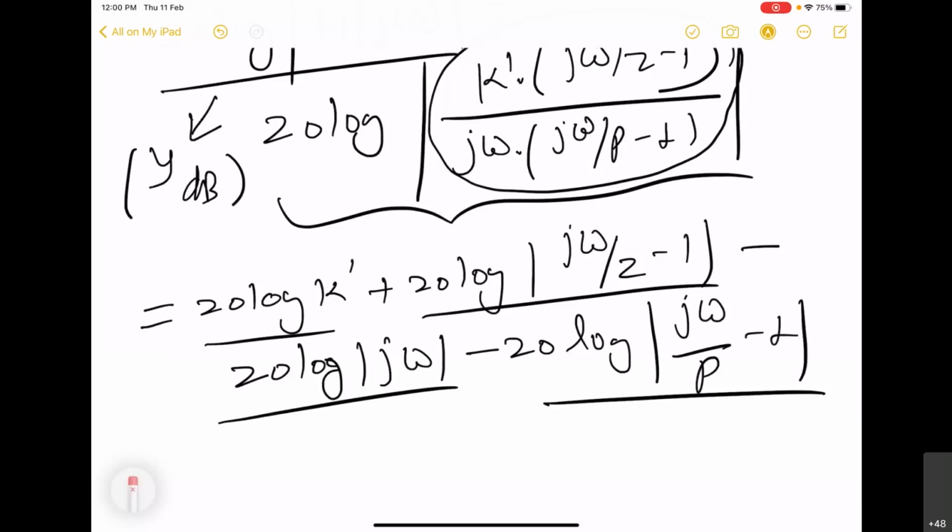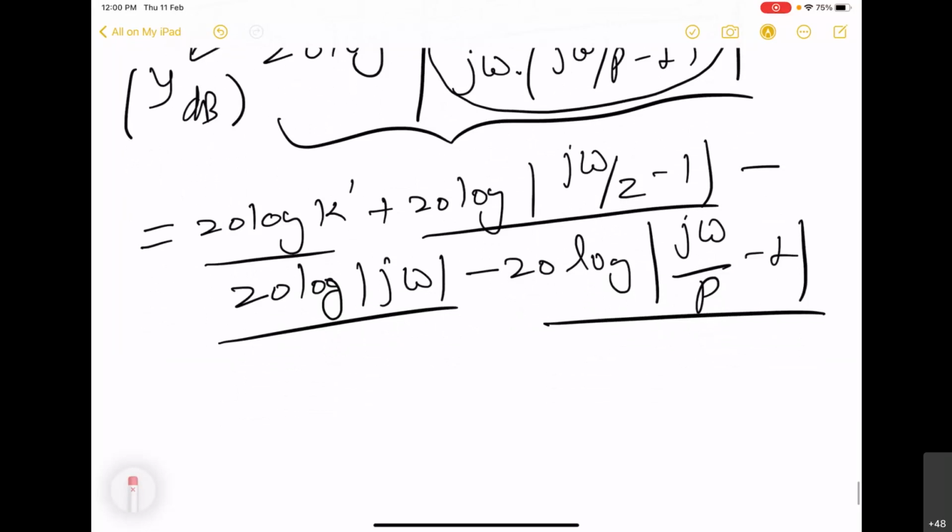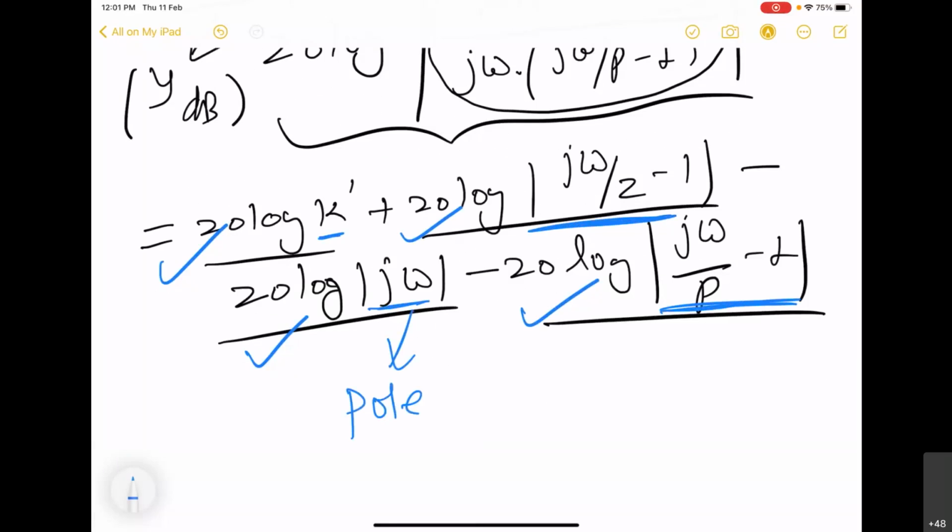Now we will see in the next class how to get the individual plots for these four terms: this term, this term, this term, and this term. If we know the plot for a constant term, for a generalized zero term and a generalized pole term, and this is also especially a pole term, but at the origin.